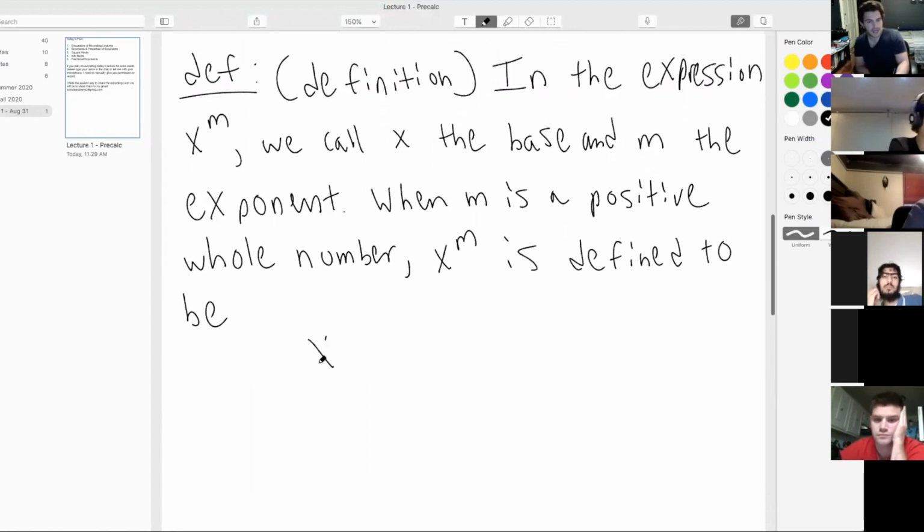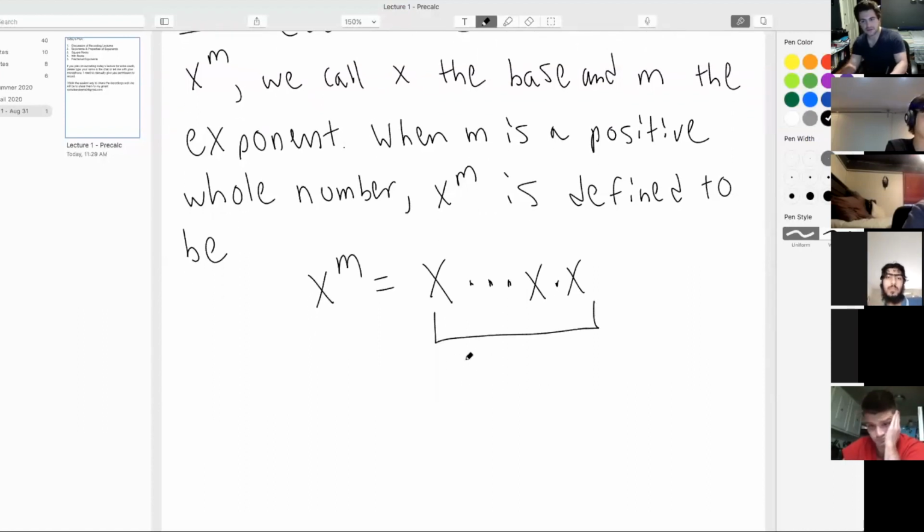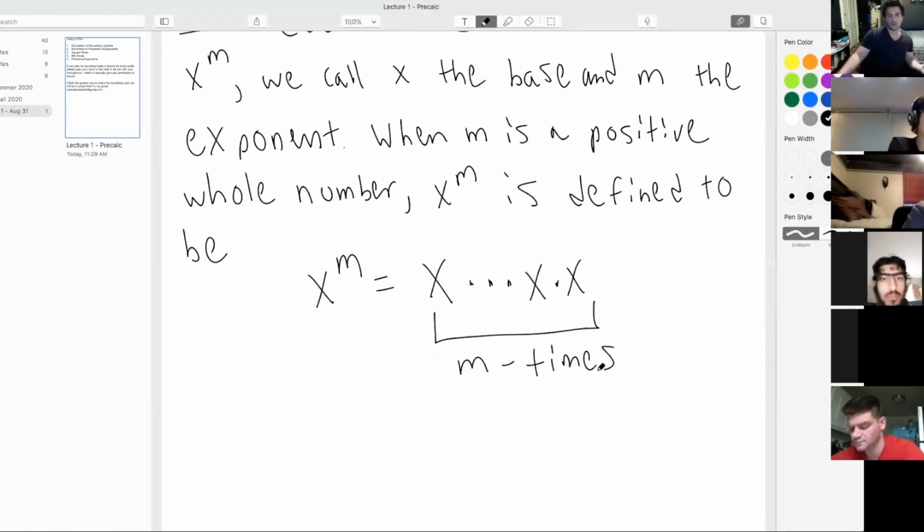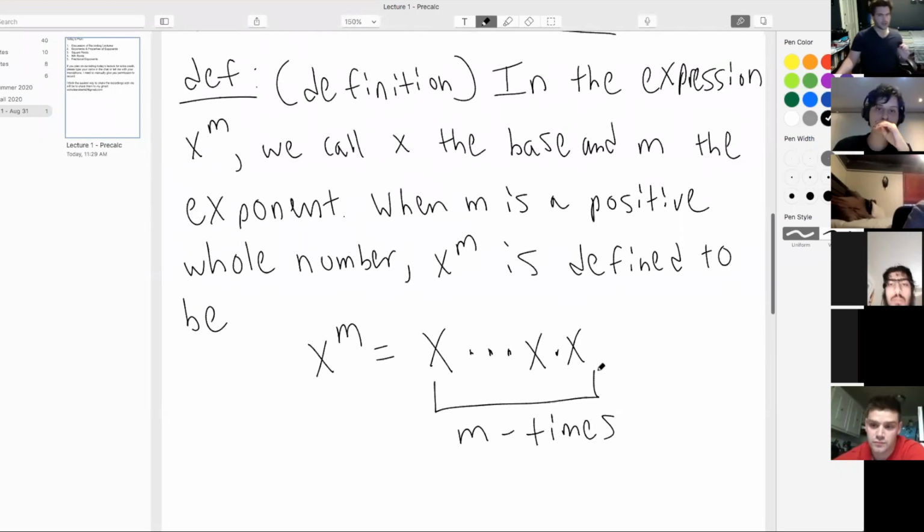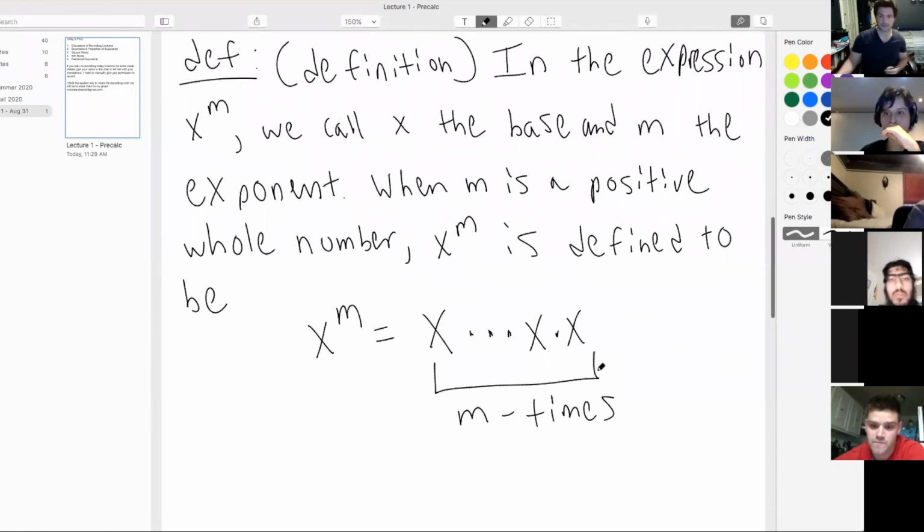It's going to be x multiplied by itself m times, all right? So we're looking at m times here, okay? So it's like 2 squared is 2 times 2, so you multiply it by itself m times. All right, so I hope we're all good with exponents.